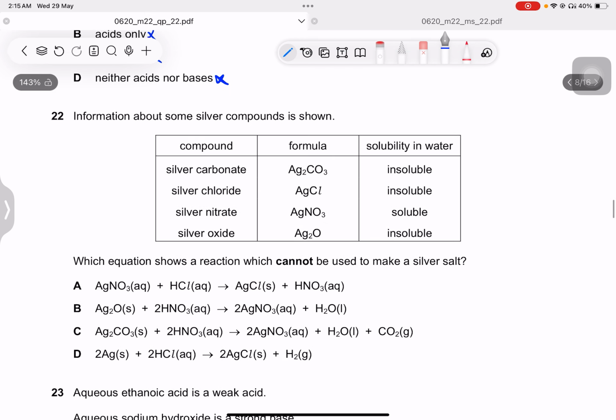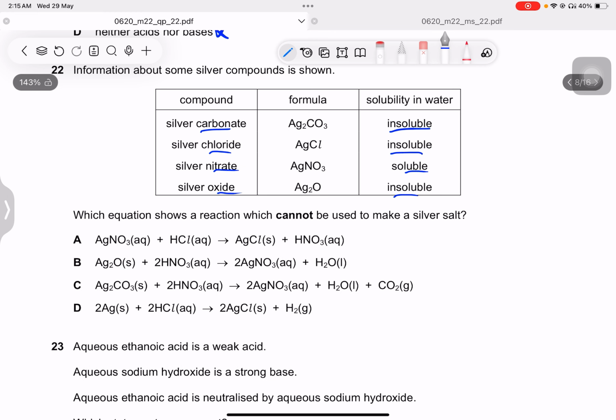Information about some silver compounds is given. Silver carbonate is insoluble. Silver chloride is also insoluble. Nitrate is soluble, and silver oxide is again insoluble. Now, which equation shows a reaction which cannot be used to make a silver salt? All of these are correct basically because they have a salt reacting with an acid, or maybe here an oxide reacting with an acid.